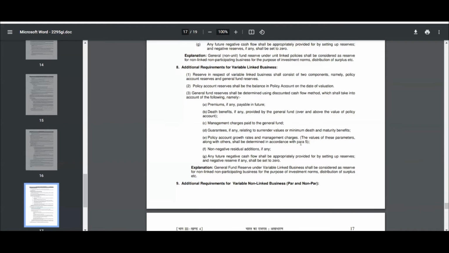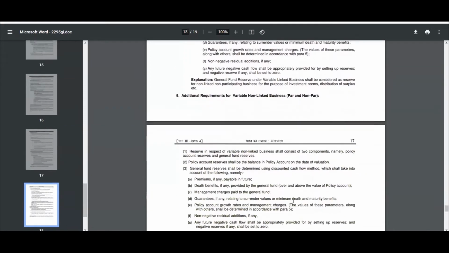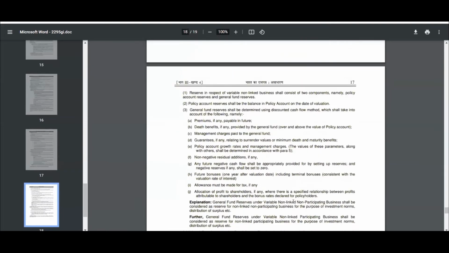So moving on to the second last piece, which is the variable non-linked non-participating business, or variable non-linked product. The concept is exactly similar. There is a policy account, there will be a gen fund, the balance in the policy account will be the policy account reserve, and the gen fund would consist of similar cash flows.